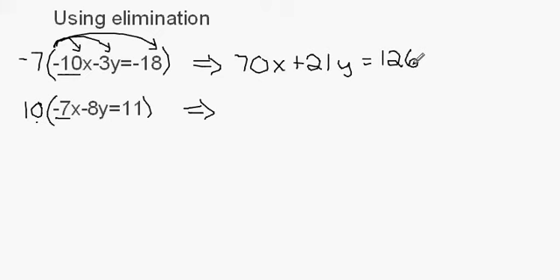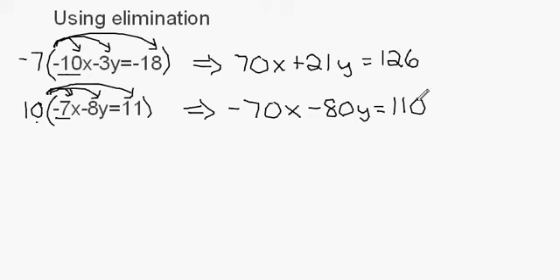To get the second equation, we have to multiply in a positive 10. 10 times a negative 7x is a negative 70x. 10 times a negative 8y is a minus 80y. And then a positive 10 times 11 is 110.